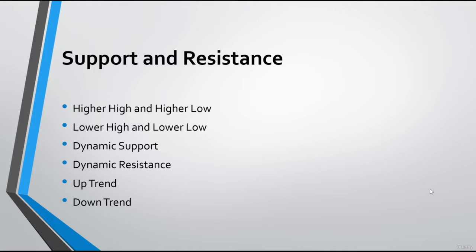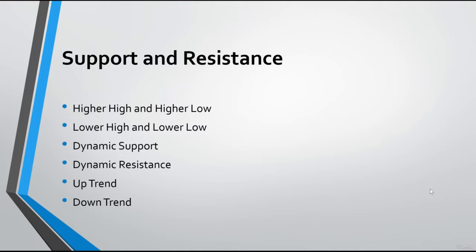Today, I'm going to talk about support and resistance, and this is the rest of our discussion. In the previous video, we talked about support and resistance, but we just talked about what they are. But in this video, we are going to talk about the other aspects of it.